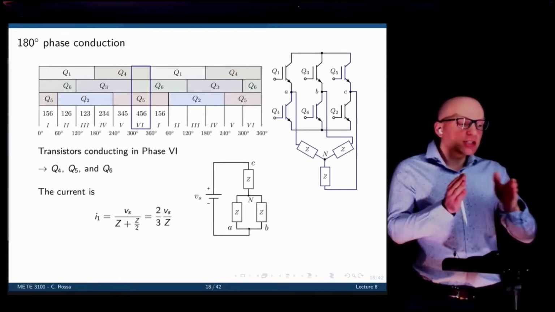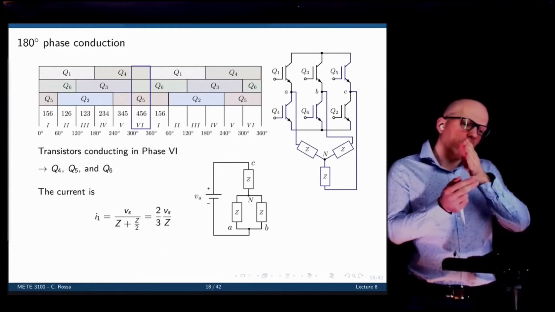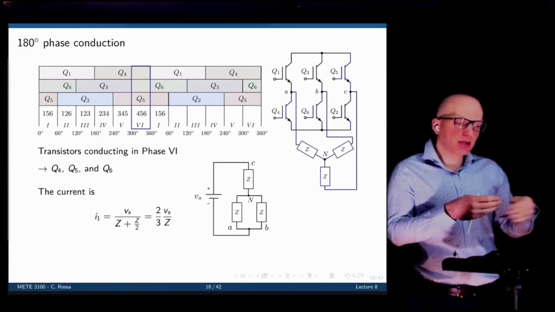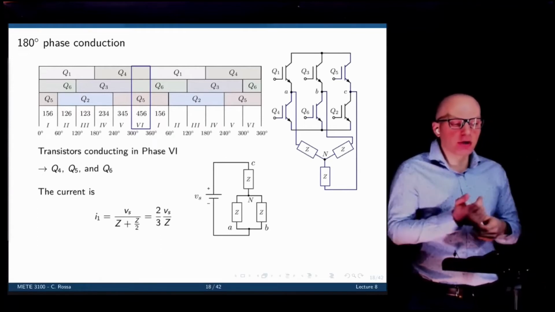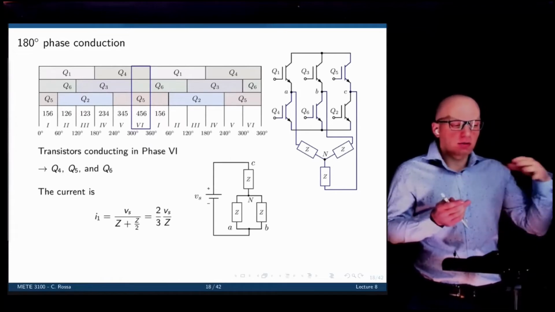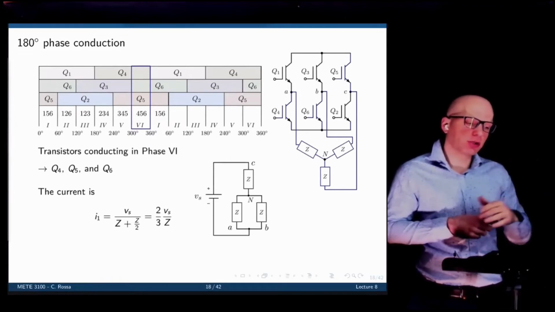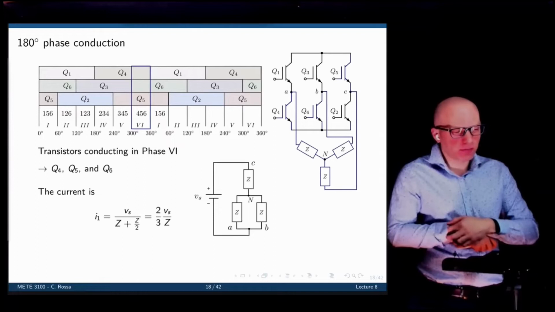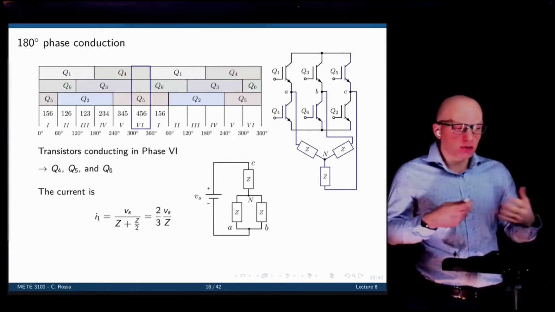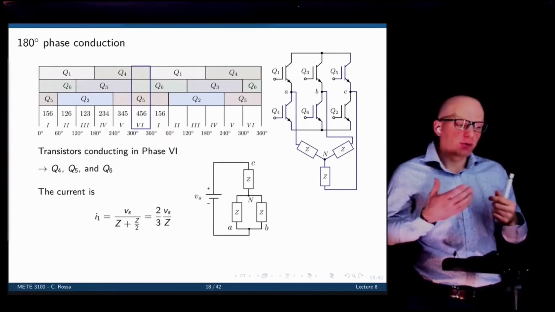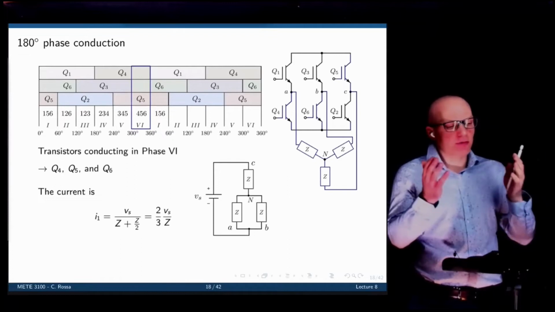Now, how fast we go from 1 to 6 determines the output frequency. If you go fast, then these levels will change faster, and eventually the output frequency changes faster. This depends on the frequency we want in the output. That determines how fast we change these.